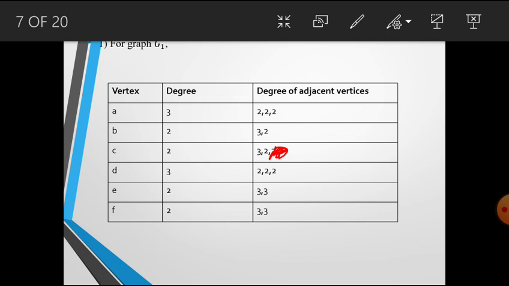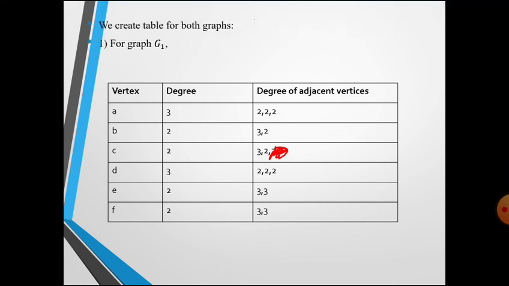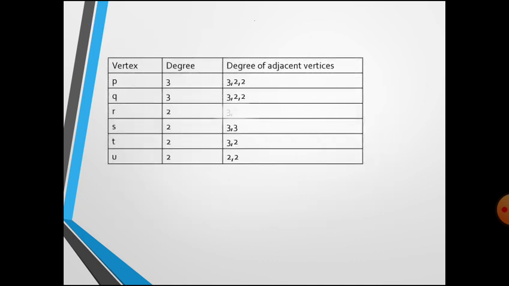For finding the corresponding vertex in graph G2, we have to find a vertex of degree 3 having adjacency degree sequence 2, 2, 2. But in the table of graph G2, there does not exist any vertex of degree 3 with adjacency vertex degree sequence 2, 2, 2. Look in this column. There is no such degree sequence of adjacent vertices.